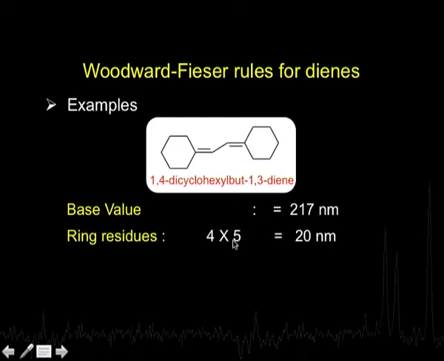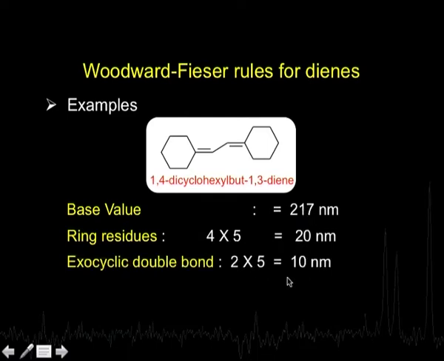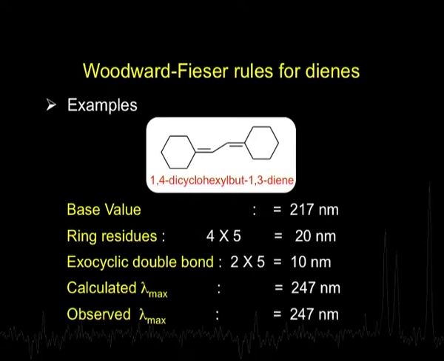Each one will contribute about 5 nanometers, so the total contribution will be 20 nanometers, and the calculated value can be found by adding to this the contribution of these 2 double bonds. Both of them happen to be exocyclic double bonds, because this is exocyclic to this ring, and this is exocyclic to this ring over there. So, the total comes out to be about 247 nanometers, which is in reasonably good agreement with the experimental value, which happens to be 247.